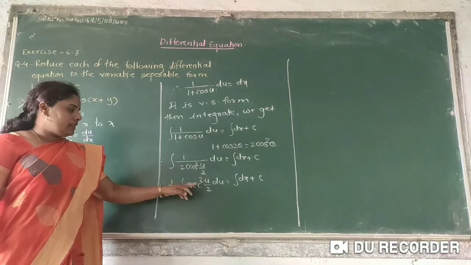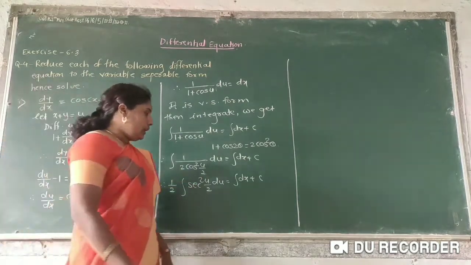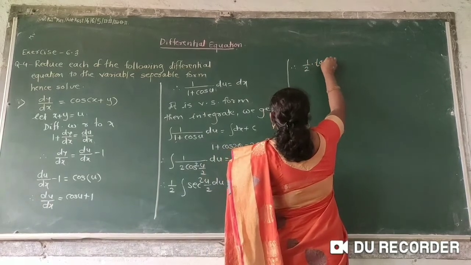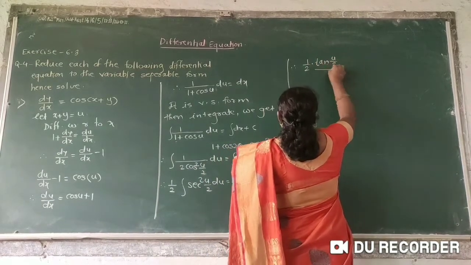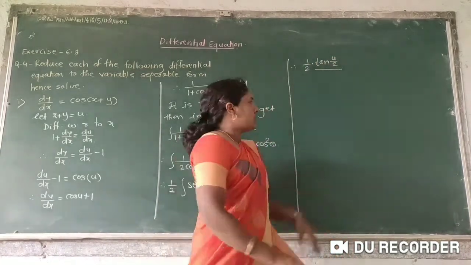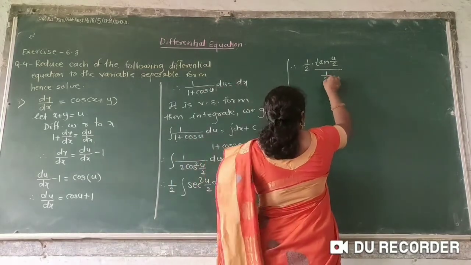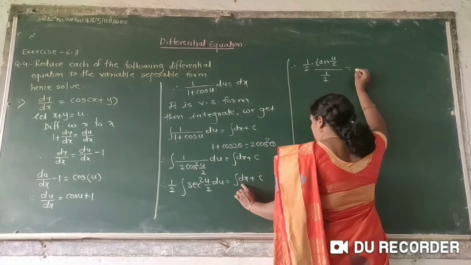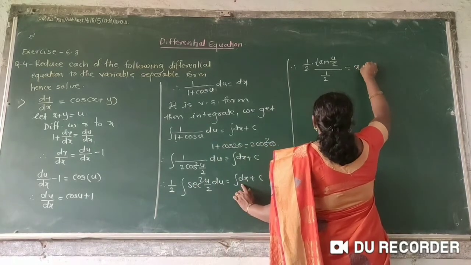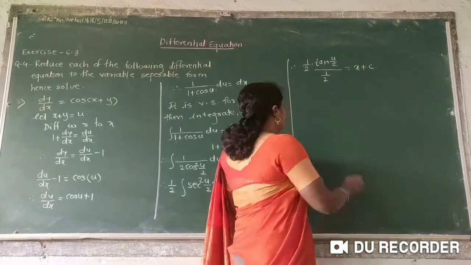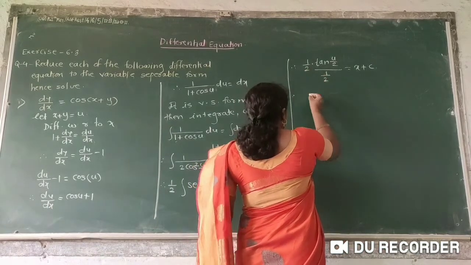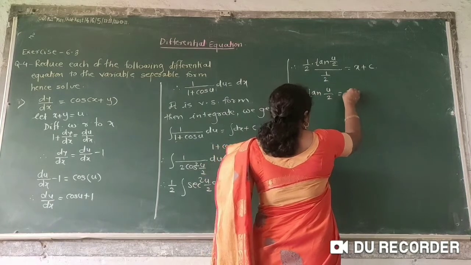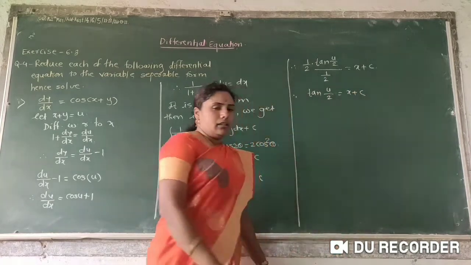Therefore, integration of sec square u upon 2 is 1 half tan u upon 2, divided by the coefficient of u which is 1 half, is equal to integration of dx, which is x, plus integration constant c. Here 1 half gets cancelled. We get tan of u upon 2 is equal to x plus c.